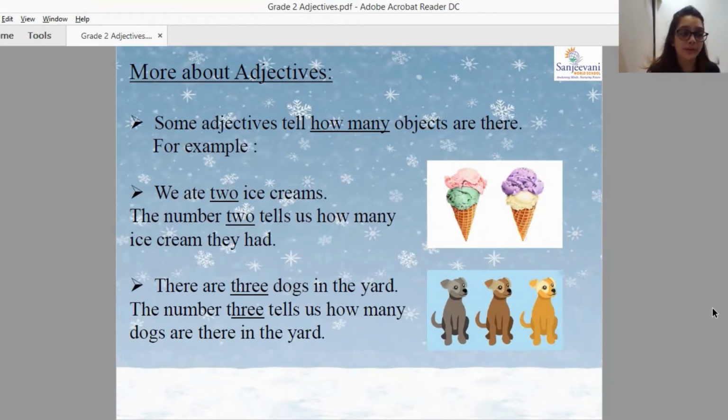There is one more example, that is there are 3 dogs in the yard. 3 dogs. First of all, dog is a noun, an animal. And it tells how many dogs were there. 3. So the number 3 tells us how many dogs are there in the yard.